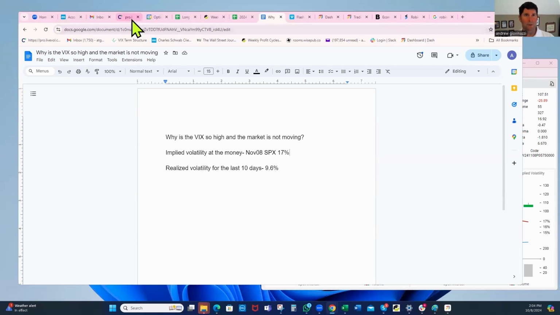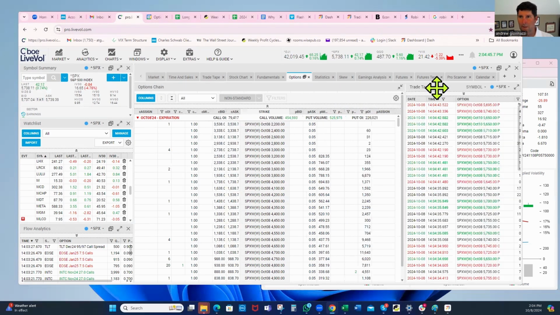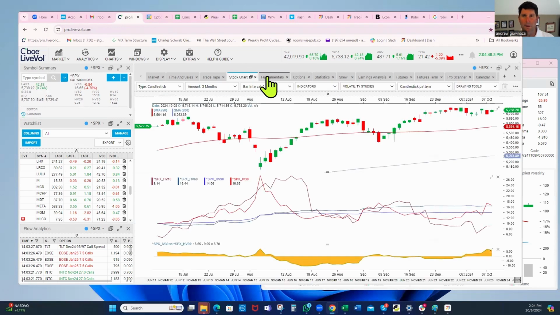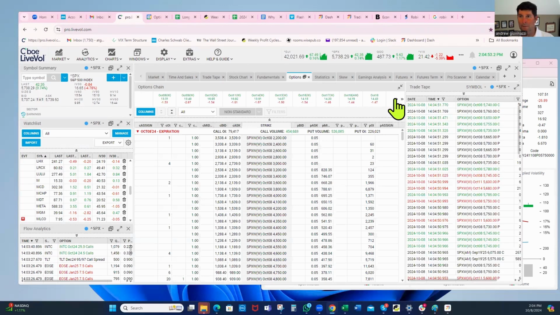So when we go to SPX, I'm going to go to, let's get my options chain here. And there we go. I'm going to go out because VIX is 30 days out.